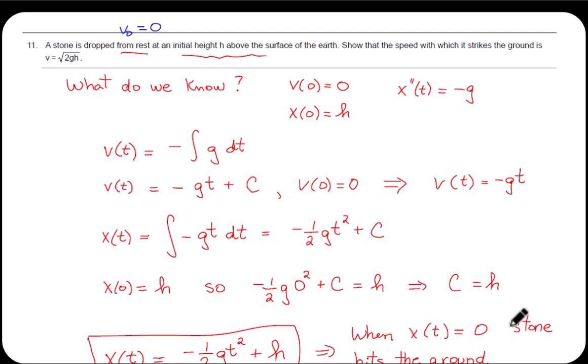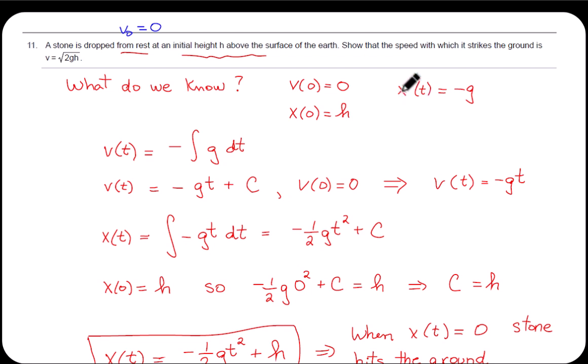I know that initial velocity is 0. Initial height is h. I know the acceleration is downward, and so that's a minus g. So integrate that to figure out what is the velocity.